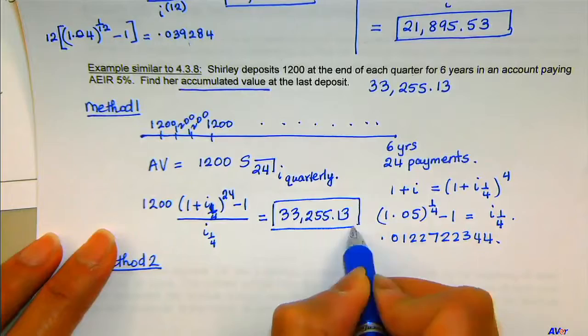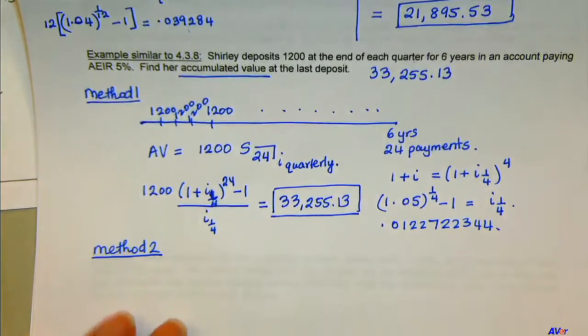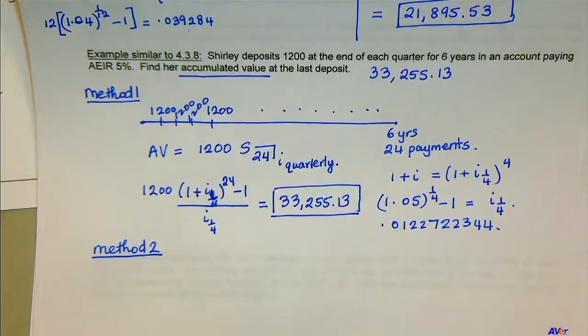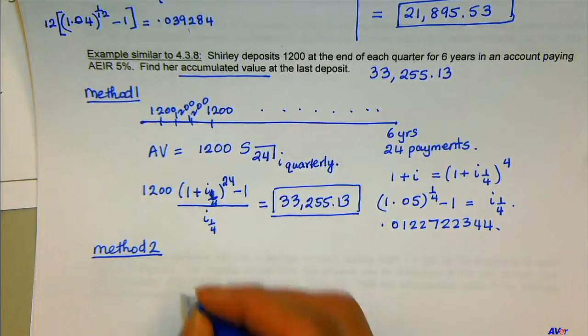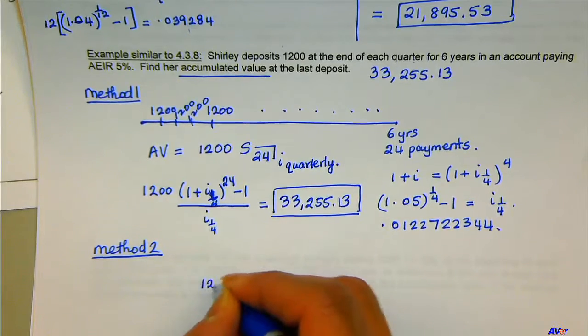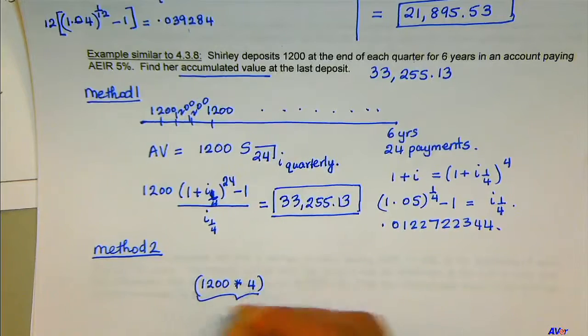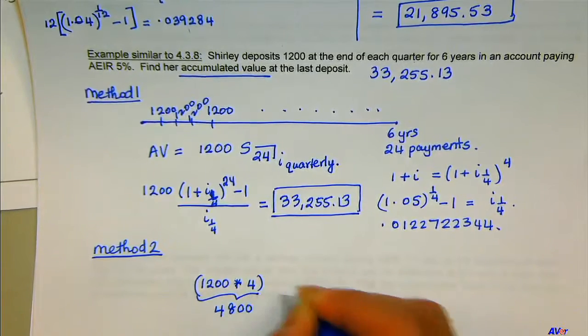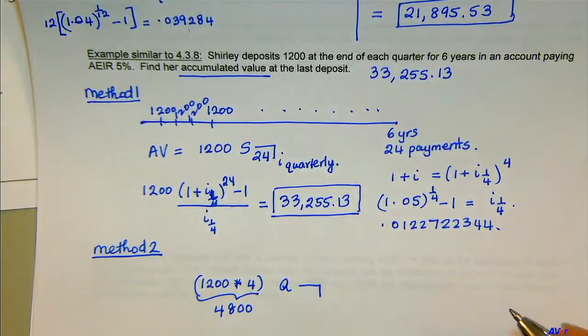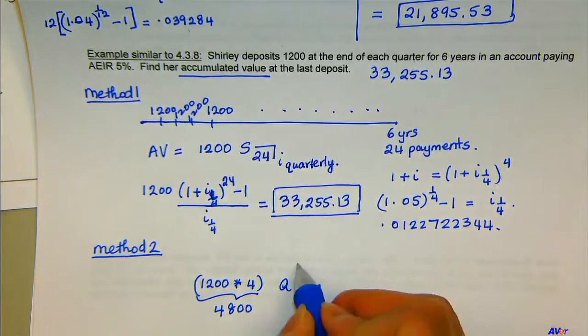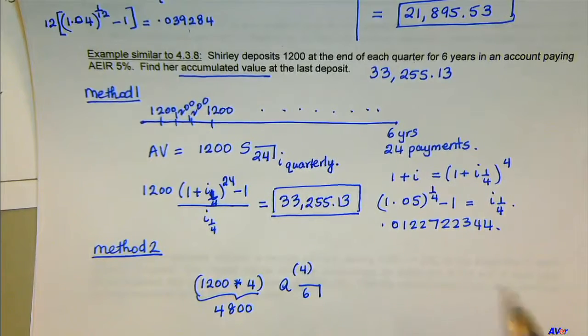How about method 2? Talk to me about method 2. What is the annual payment? 1,200 4 times a year, right? So 1,200 times 4 is the annual payment, 4,800. A angle, how many years? Right, how many times a year? What is the interest rate?